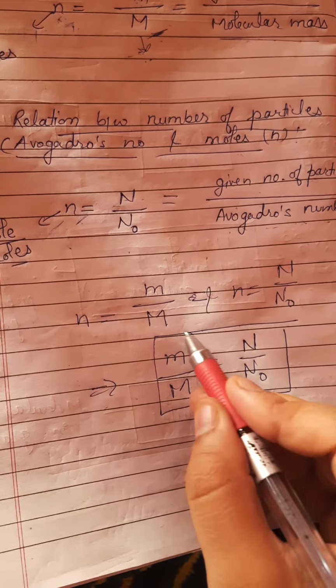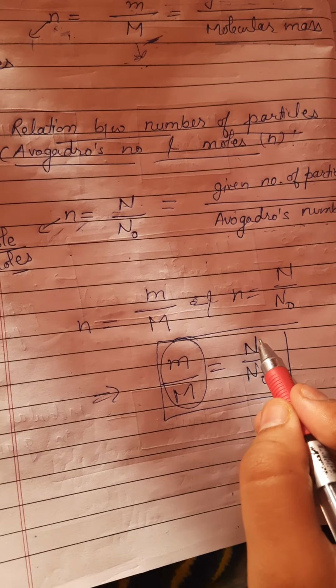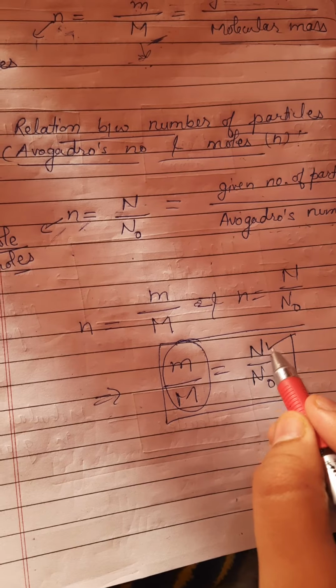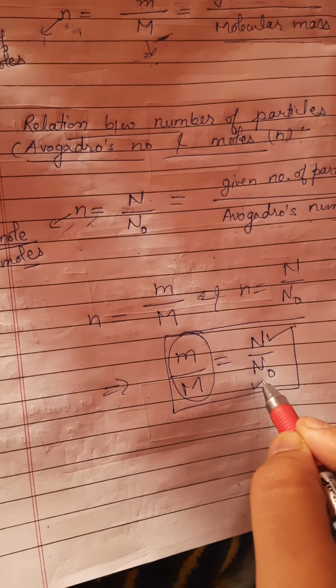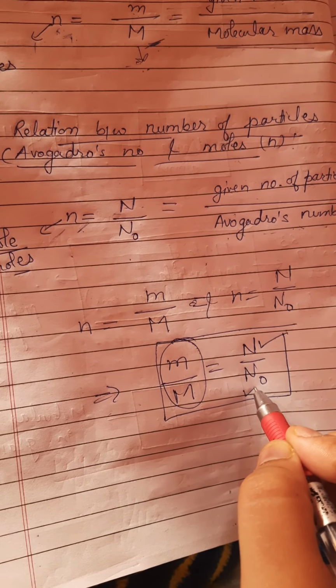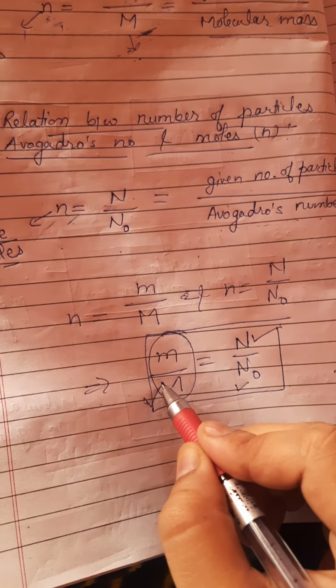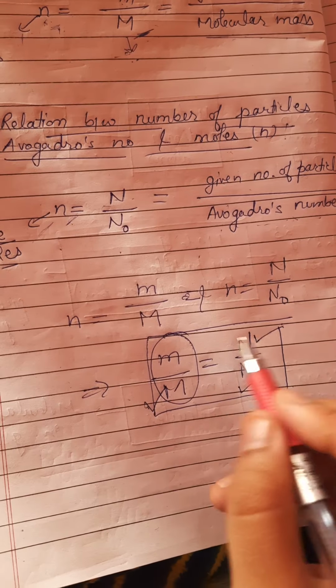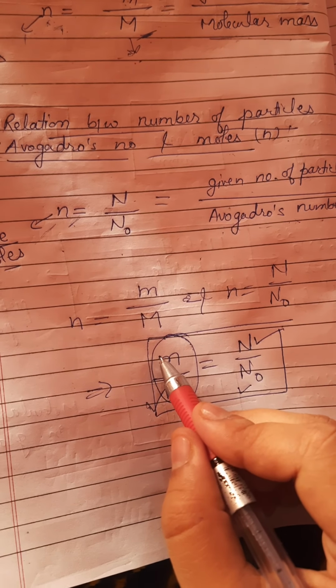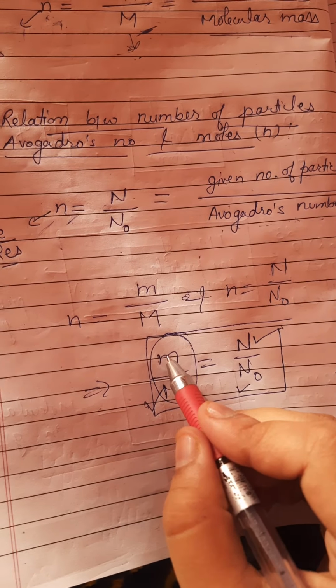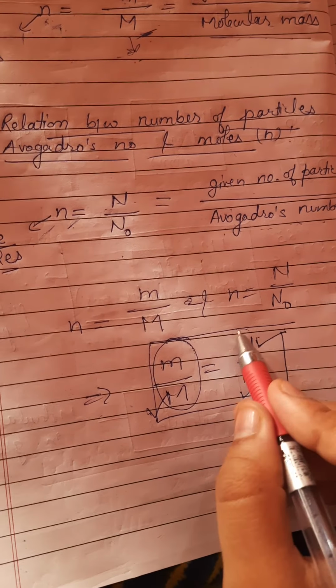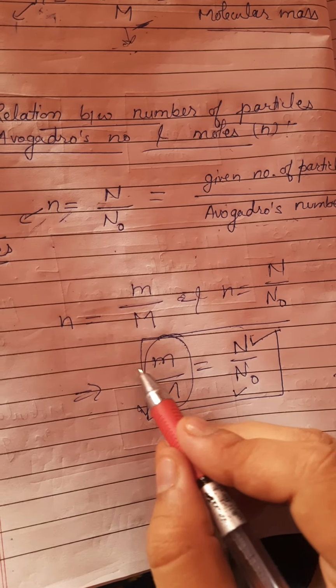If you know this data and in the question you have to calculate this one, then you can calculate it, because Avogadro number is 6.022 into 10 raised to power 23. One data, either this or this, will be given in the question. If this is given, you can calculate this one; if this one is given, you can calculate this one.